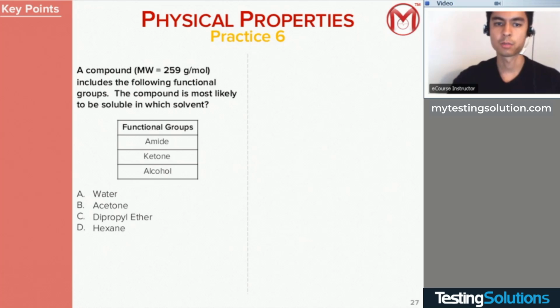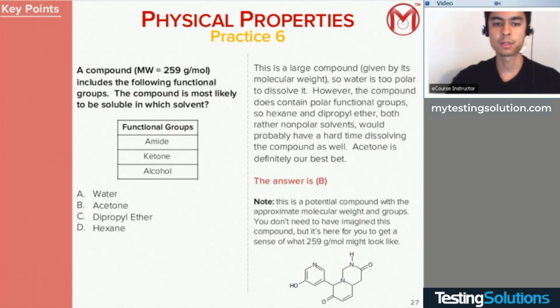For frame of reference, I've drawn a molecule here that has a molecular weight of 259 grams per mole. You don't have to be able to reproduce this on the exam. I just want you to have an appreciation for what this size means about a molecule. And this molecule is not going to be soluble in water. It's quite large, much larger than butanol.